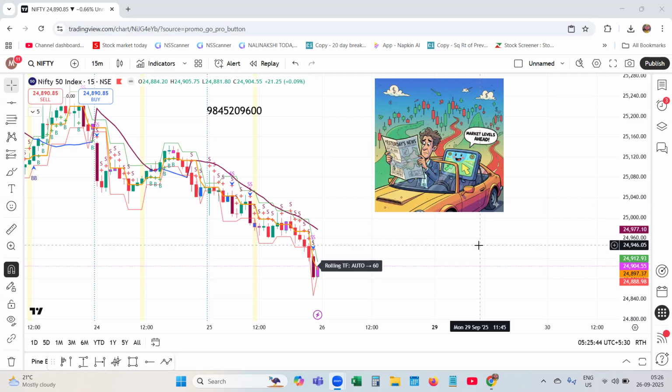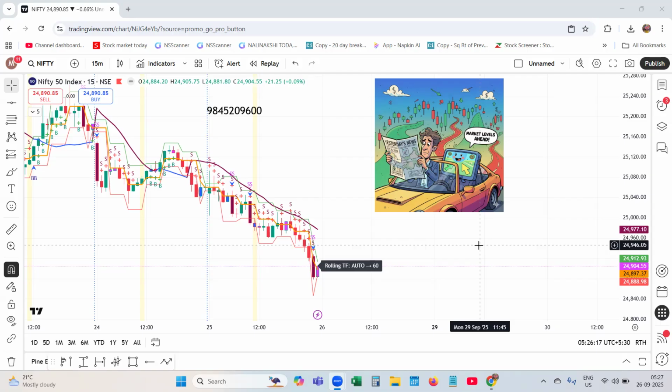It is like having a live GPS in your car instead of using yesterday's paper map. With rolling pivots, you are not stuck with yesterday's level. You get real-time support and resistance zones that shift with market activity.